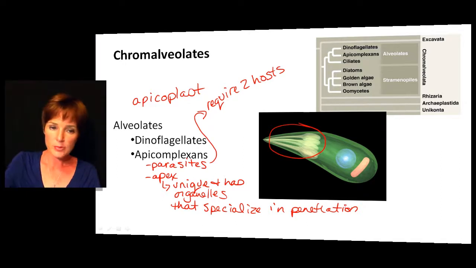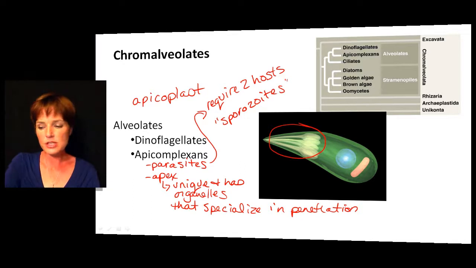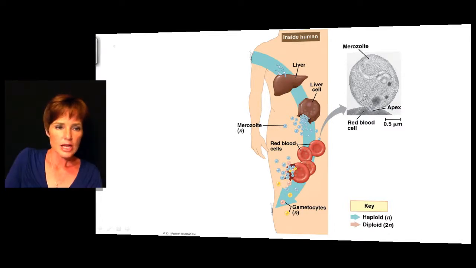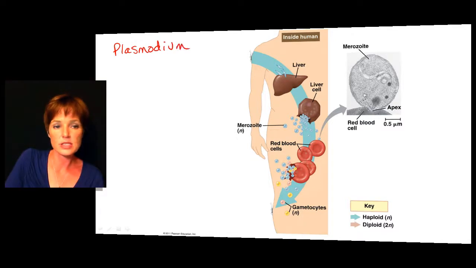These tend to spread as what we call sporozoites. These will be special little cells that have that apex that are very good at inserting into the host. If we look at this slide here, this is showing Plasmodium, the protist that causes malaria.